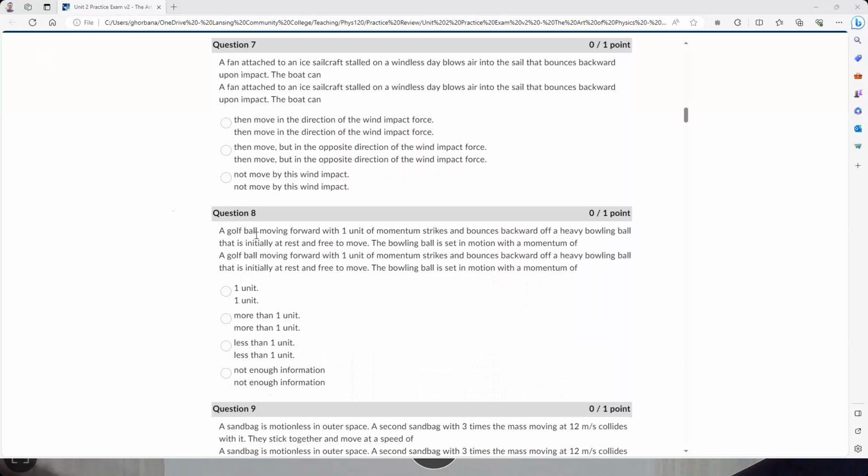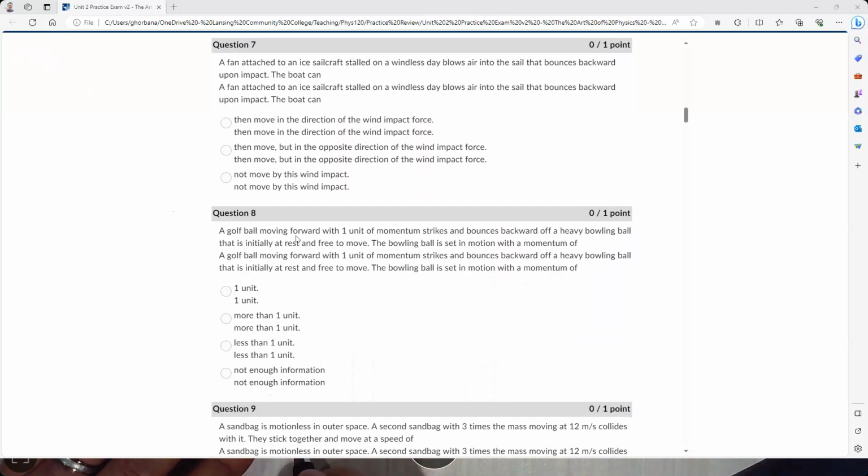Let's read this problem one more time. A golf ball moving forward with 1 unit of momentum strikes and bounces backward off a heavy bowling ball that is initially at rest.